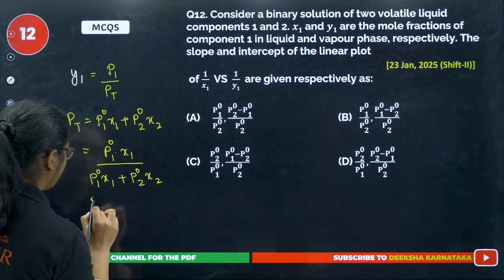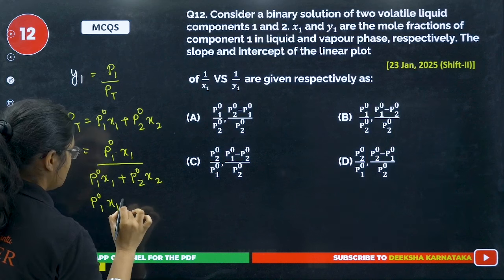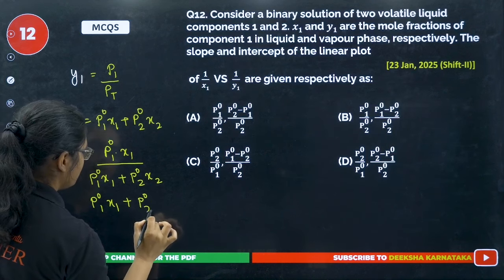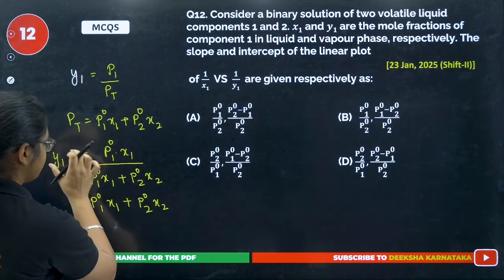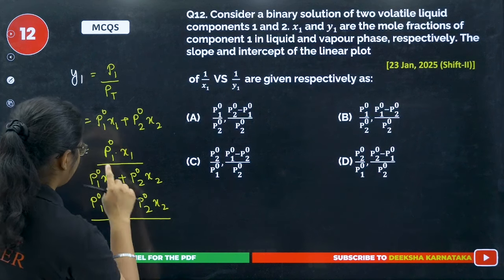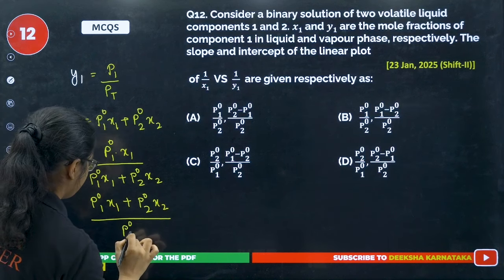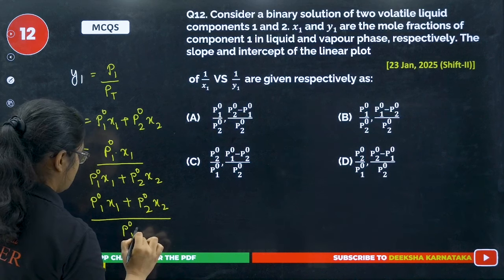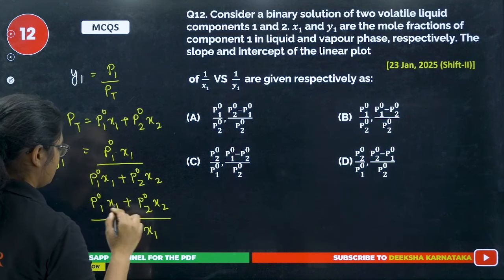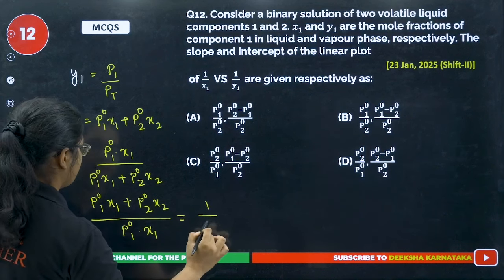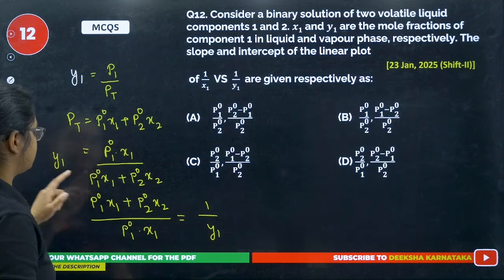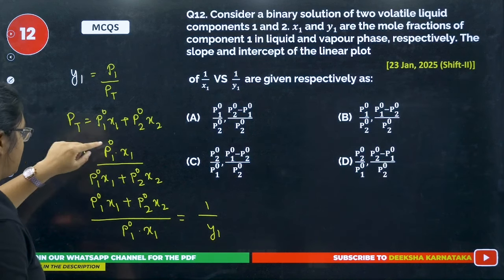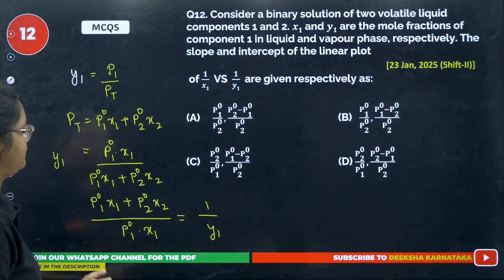So I will get P01 x1 plus P02 x2, which I multiplied, divided by P01 x1, is equal to 1 by y1. So I just cross-multiplied this, and then I have 1 by y1 on this side.